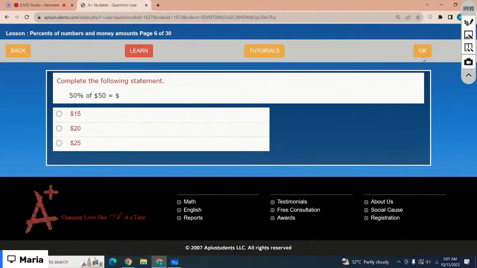Complete the following statement: 50% of 50 is. 50% means the half, right? So half of 50 is 25. The correct option is 25.